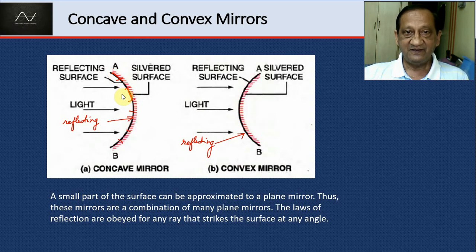So the reflected rays will go in various directions, but still they are able to form an image. We'll see how. The laws of reflection are obeyed for any ray that strikes the surface at any angle. Those laws will never be violated.